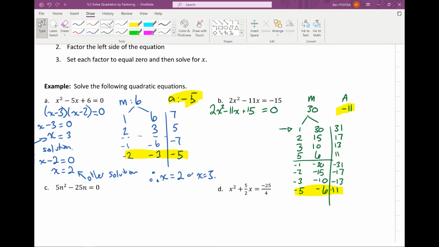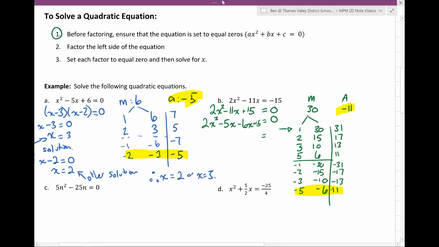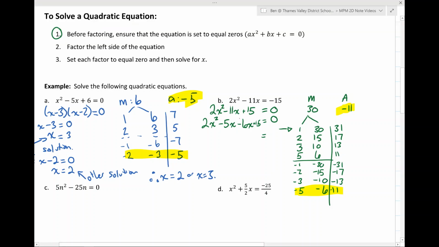So the two numbers I'm working with, how I'm going to decompose this left-hand side, that's 2x squared minus 5x minus 6x plus 15. And then I'm going to group this into the first two and the second two. I'll just use a different color.